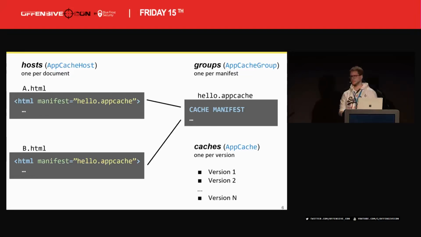And then you can imagine that maybe over time, the developer will add more stuff to this manifest or change resources that are specified in the manifest. So there can be different versions of this cache that represent different points in time where these resources were fetched. And these are called caches. And you will have several of these per group.